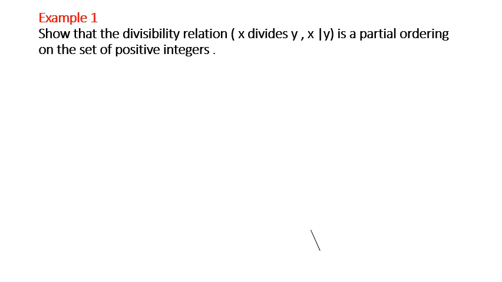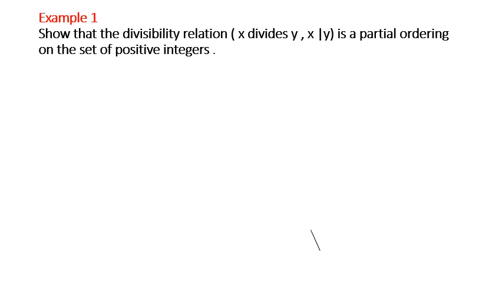So x divides y means what? The remainder should be 0. X dividing y means the remainder should be 0. So the set given here is the set of positive integers, and the relation is divisibility relation.